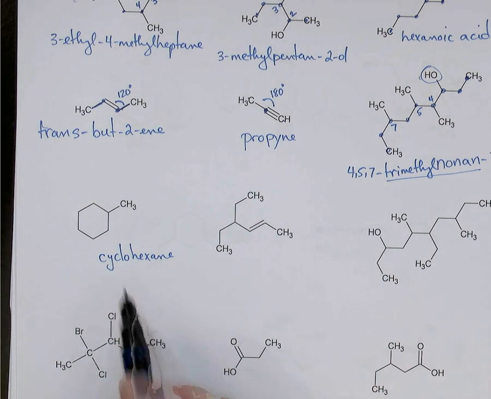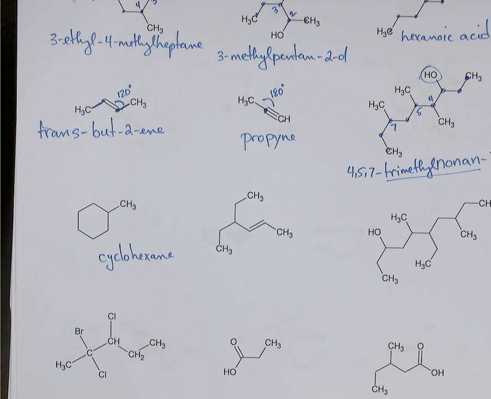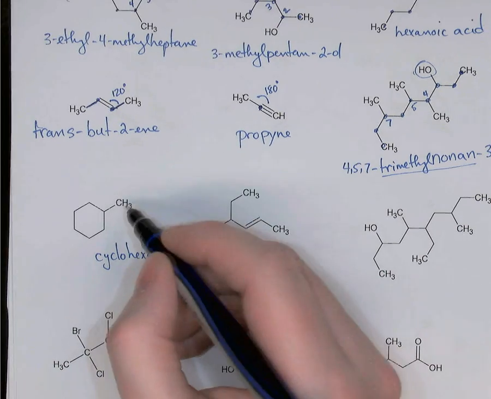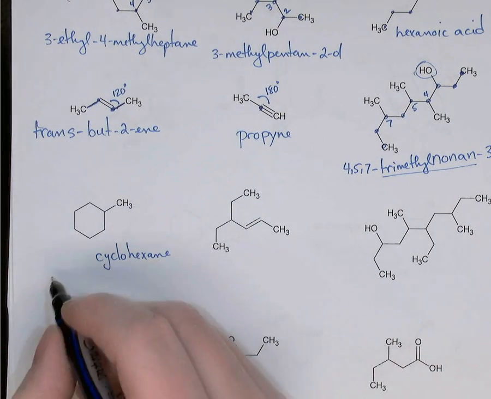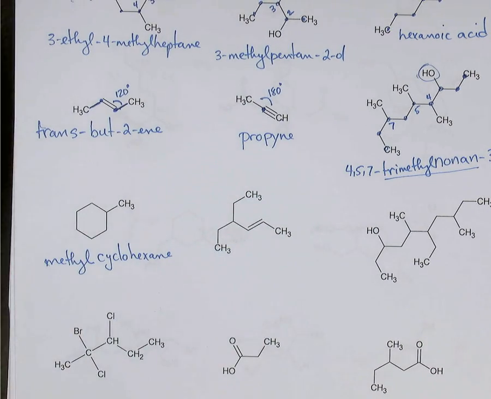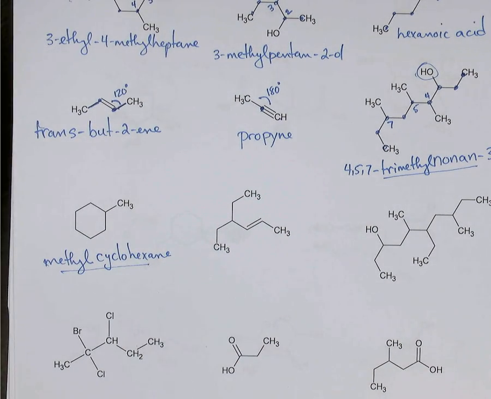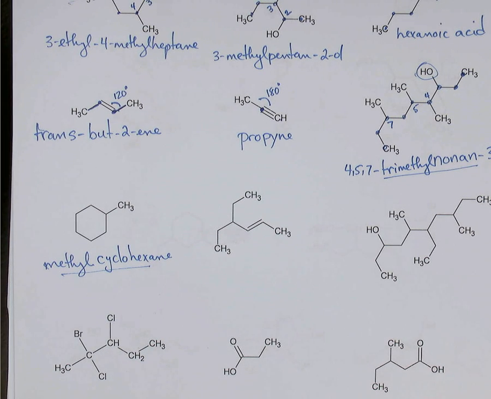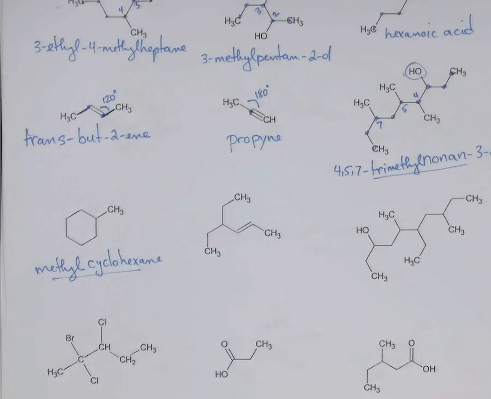Okay, cycloalkanes start with the prefix cyclo in their name, and then it's got this methyl branch, so methylcyclohexane, and that should really all be one word. Notice we don't need to number it because whichever carbon in the ring has the methyl group attached, that would be considered the first carbon in the ring, so we don't need to number it.